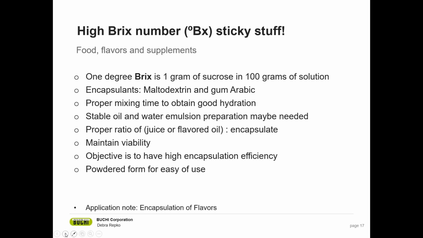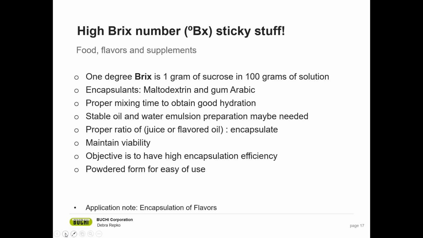One thing I've learned over time is that we really need proper mixing and good hydration time for these excipients to fully dissolve. Okay. If I'm making an oil and water emulsion, that also is going to take time and other equipment to get a stable oil droplet. So that is part of the process. The other piece of it, and this is a common theme through almost all of these applications, is what is the ratio of my active oil to the encapsulant or carrier?